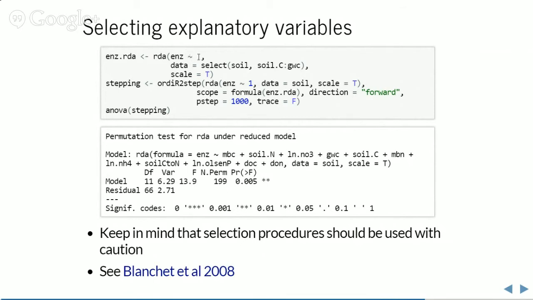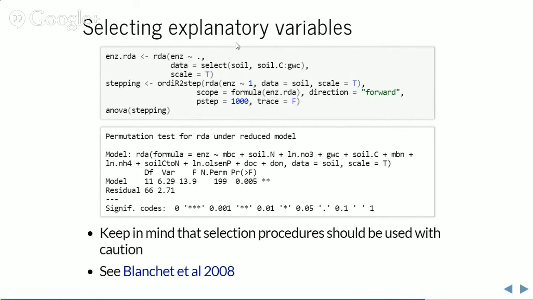This dot is just a shortcut to say include all of the columns in the data frame that you give it. So our data is going to be the same soil variables that we did the PCA on. We're going to include all of those columns, and we're going to scale or standardize the soil variables.